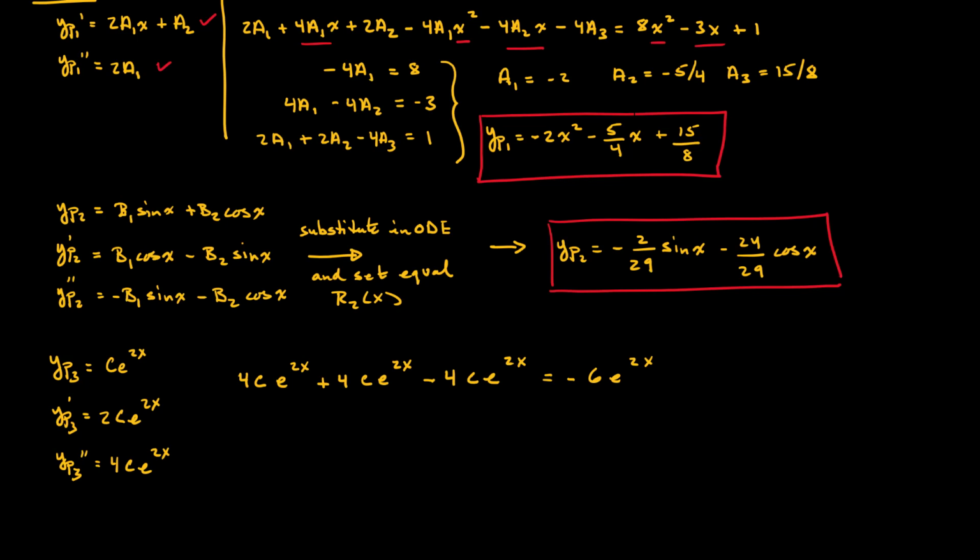So we see that these terms here cancel each other out. So we are left with 4c e to the 2x is equal to negative 6 e to the 2x. We can solve for c and find that it is equal to negative 6 over 4, or that is negative 3 over 2.